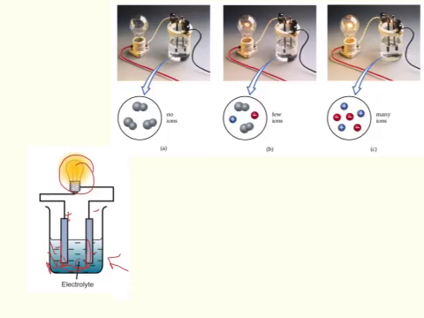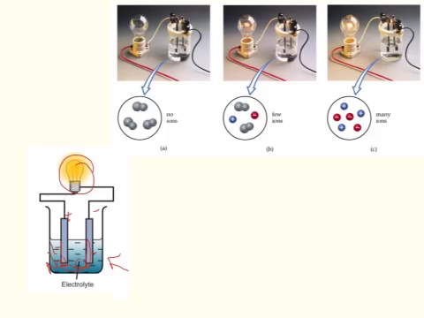So taking a look at the diagram up top here, in this first box, we have a solution that doesn't contain any ions in it. So I've got my probes, my electrodes, down in there, and since there are no ions to complete the circuit, I'm not going to get my light bulb to light up.